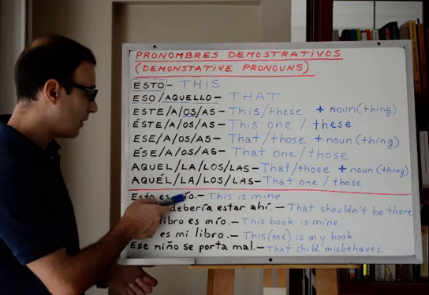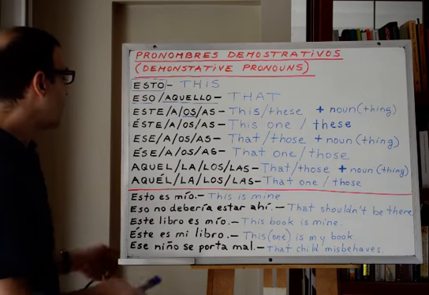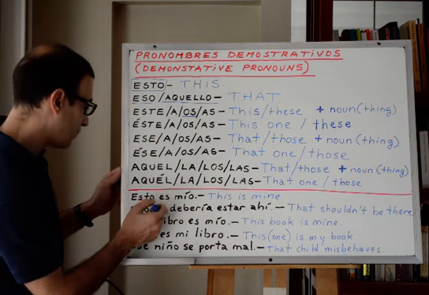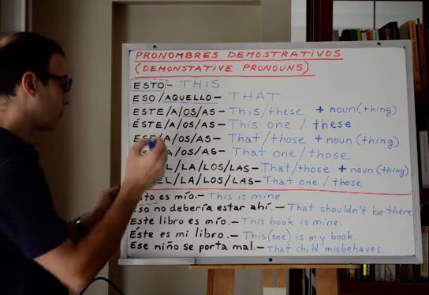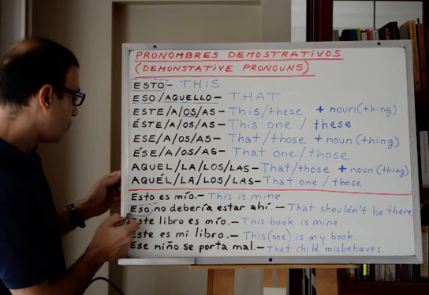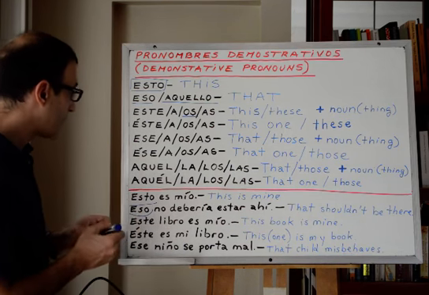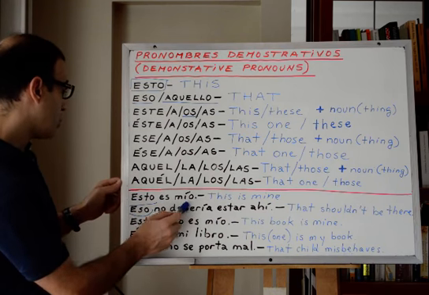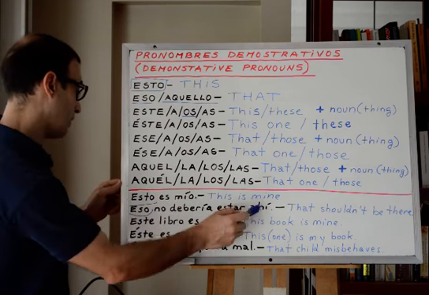Now let's read these examples, okay? Esto es mío. This is mine, okay? Esto. It's this one here, the first one. Eso no debería estar ahí. That should not be there.